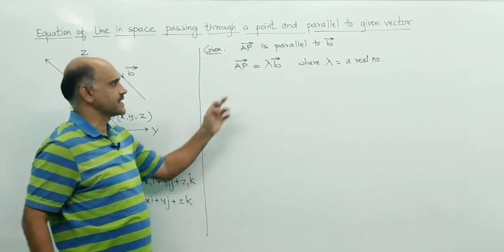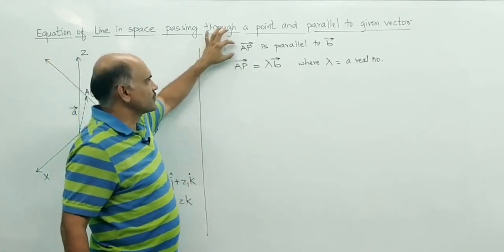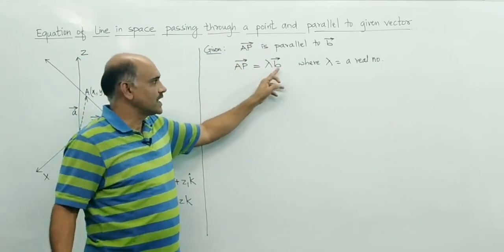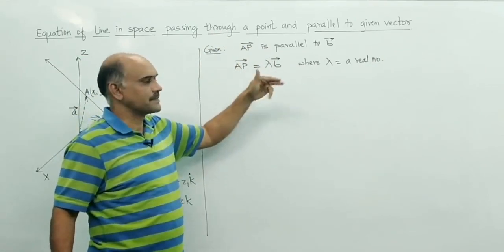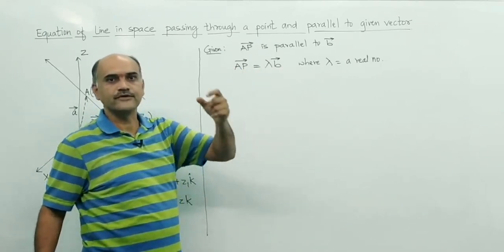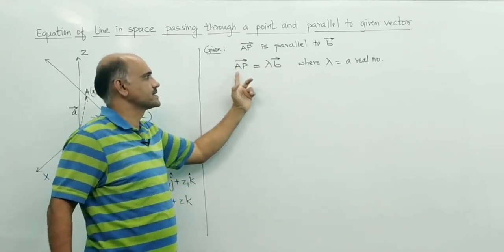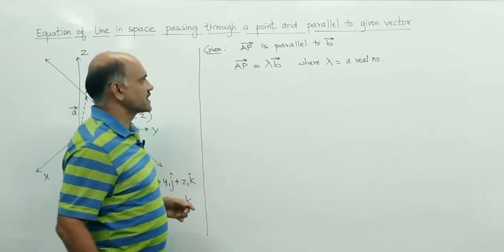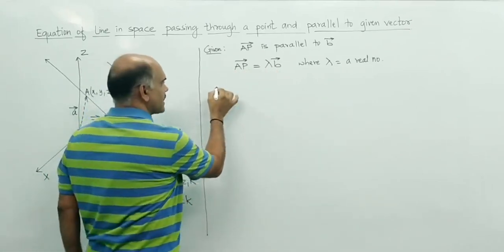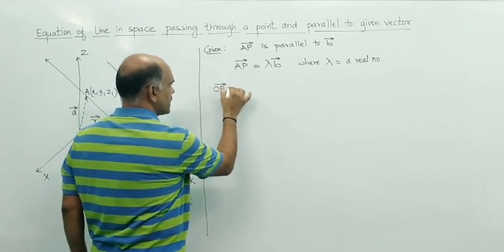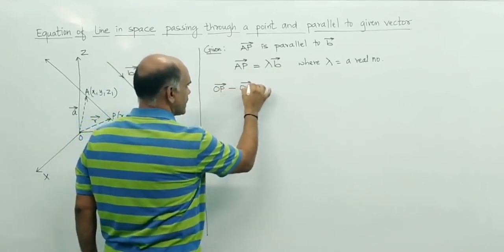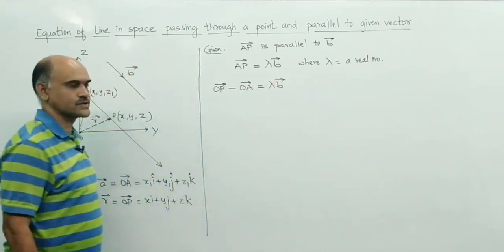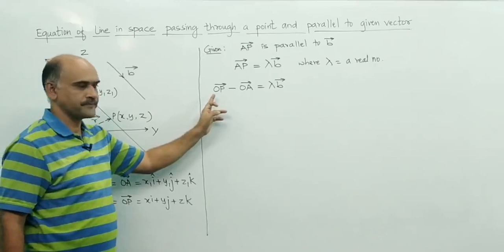If two vectors are parallel, one vector will be a multiple of another vector. So this lambda may be 2, 3, 1 by 2, 5, root 2, anything. From position vectors, AP I can write as OP minus OA is equal to lambda b.